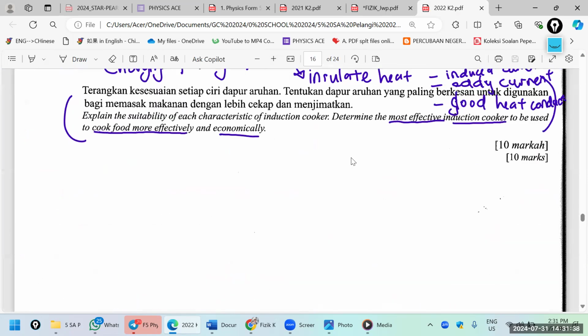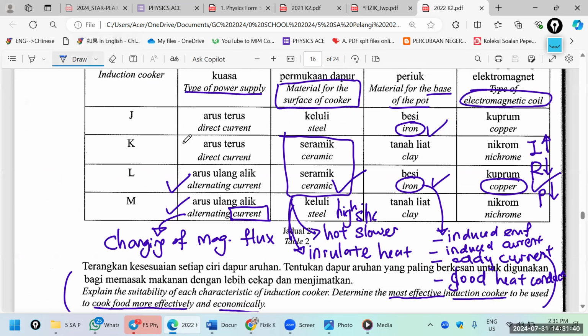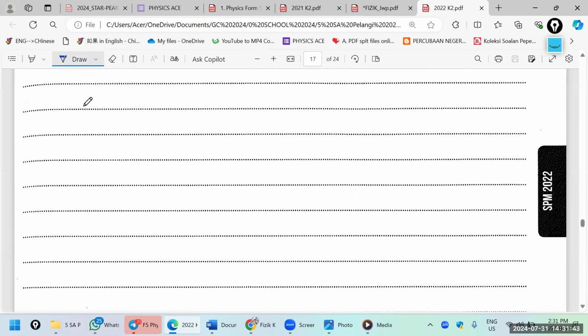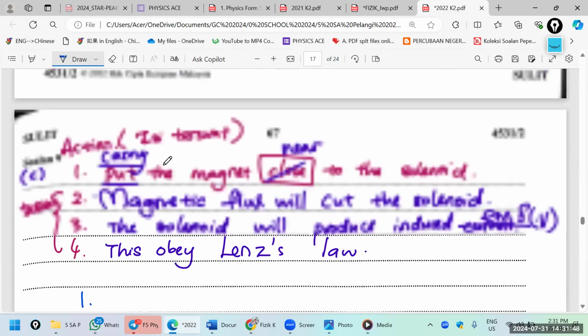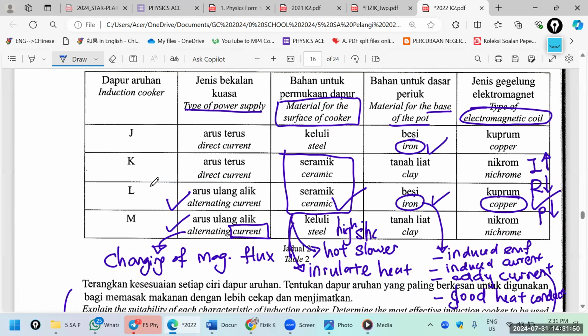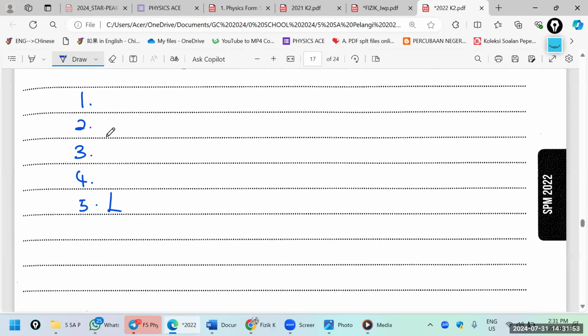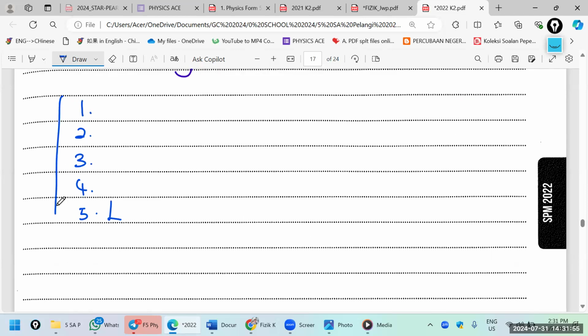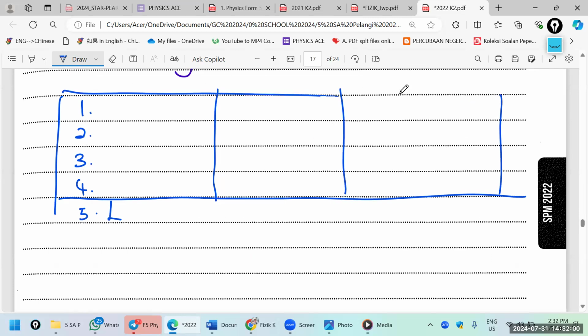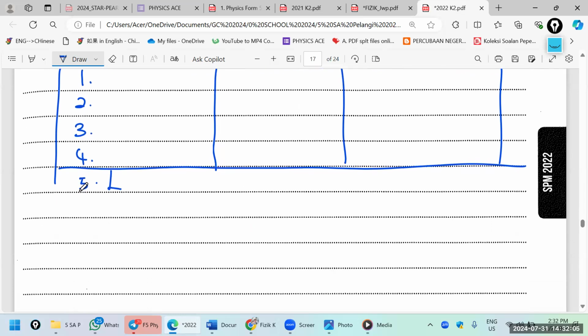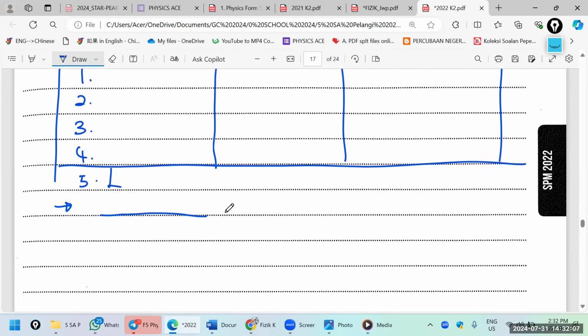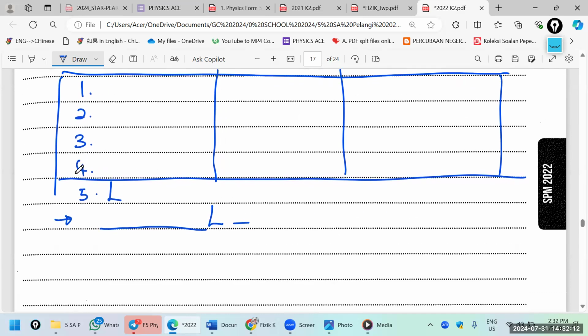Okay, so 10 marks like that. One more thing, I encourage you to write 1, 2, 3, 4, and 5. 5 is your choice. So your choice would be L. Because this time when I mark your paper, many people write until 4 only. 2 columns, 3 columns, up to you, doesn't matter. But many people write until 4. Some will add a sentence, I choose L because blah, blah, blah. It's okay. But some forgot.